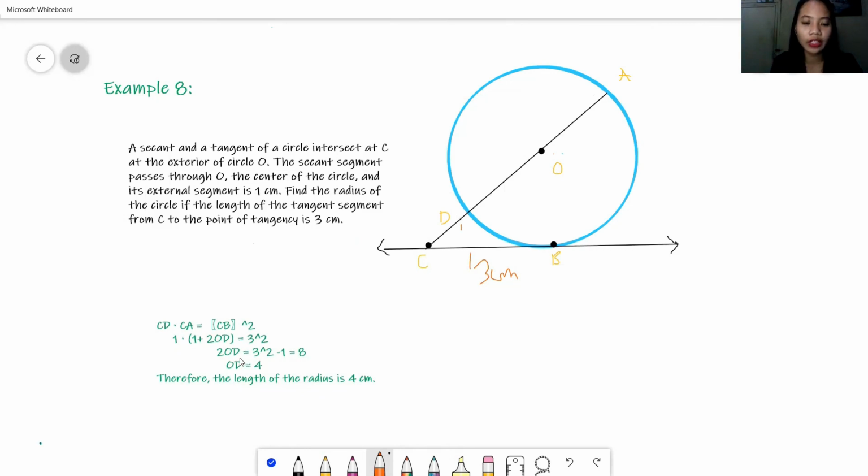So, let us transpose 1 to the side of 3 squared. So 3 squared is 9. Minus 1 is equal to 8. So divide both sides by 2. So we have OD is equal to 4. So now we already have the radius, which is this one, OD, 4 centimeters.